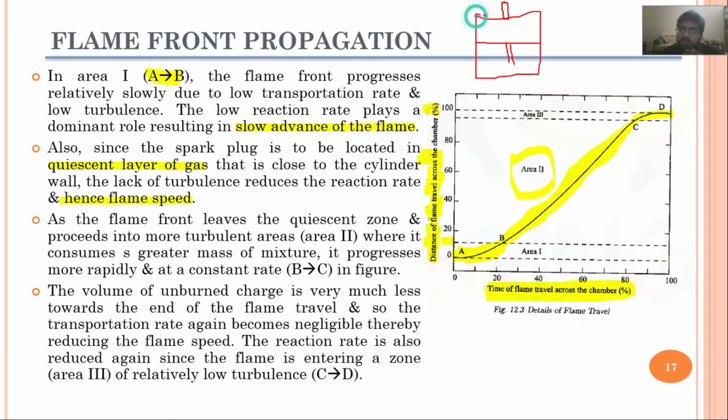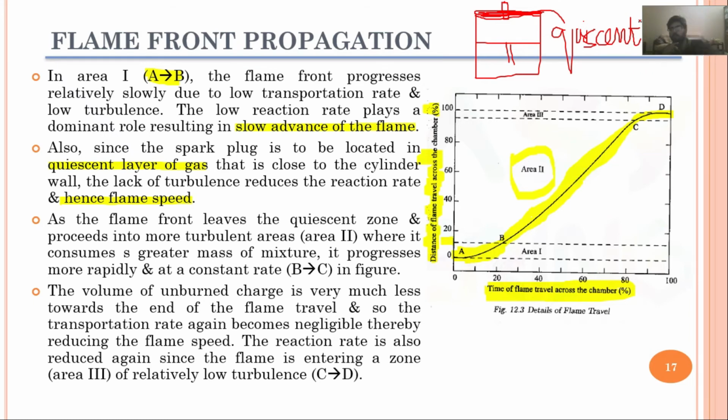So this layer, which is quite close to the spark plug, is called the quiescent layer. These layers are called quiescent layers, and the rate of combustion in this quiescent layer is very low.